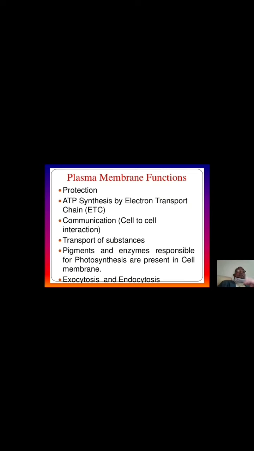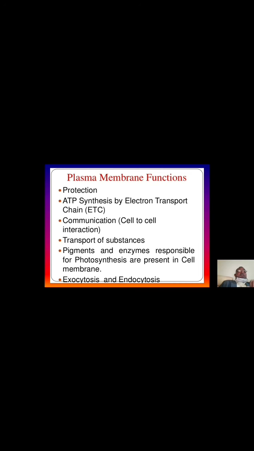What are the important functions of the molecules present in the cell membrane? Actually, plasma membrane, in very short: first, it protects, and ATP synthesis occurs by the electron transport chain.